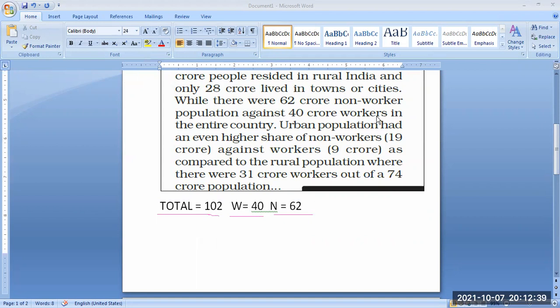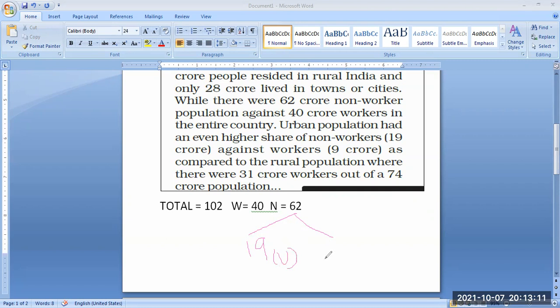Now coming to next one. Urban population had even higher share of non-workers. See, again in these non-workers, urban population had even higher share of non-workers, 19 crore. 19 crore belong to urban population.